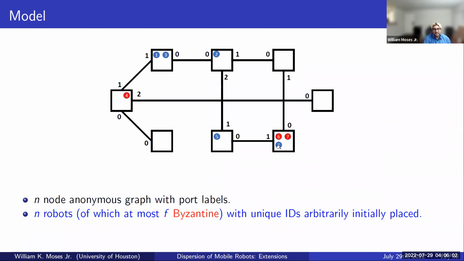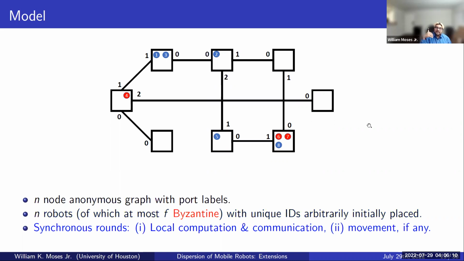For ease, I've just written 1 to 8, but the IDs can be anything. And they're initially arbitrarily placed. Time moves in synchronous rounds, such that in each round, you have local computation and communication, and then subsequently movement, if any. So here the robots might talk to each other, then they might decide where they might move, and then they'll make the move.